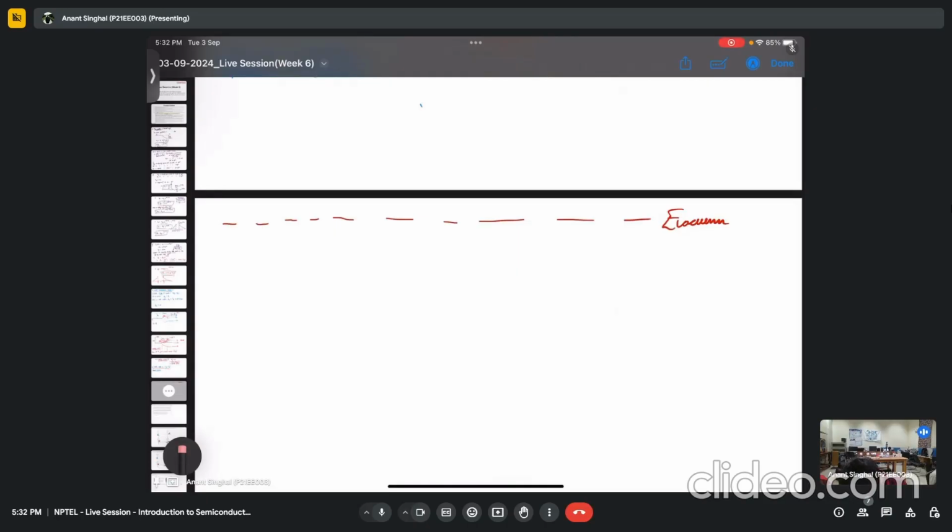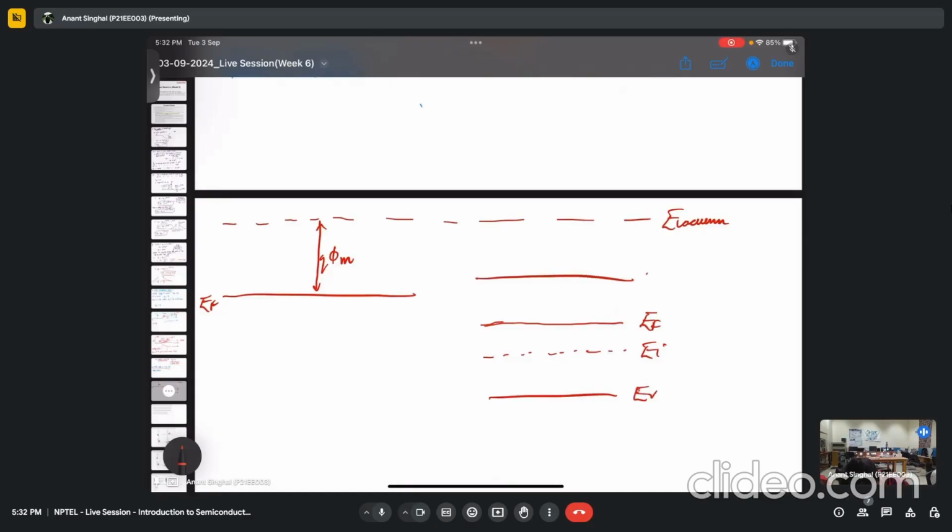Let's take this as EF of the metal side, so this will be q phi m. Now we need to take the Fermi level below. This is still n type. This is EI, this is EV, and this is EC.